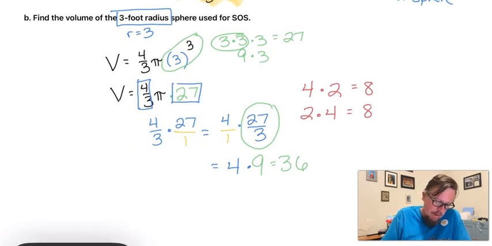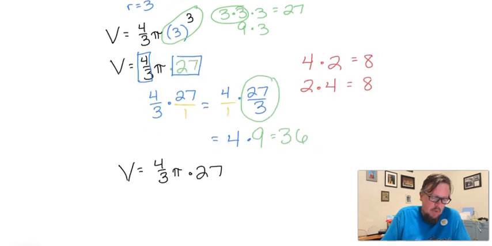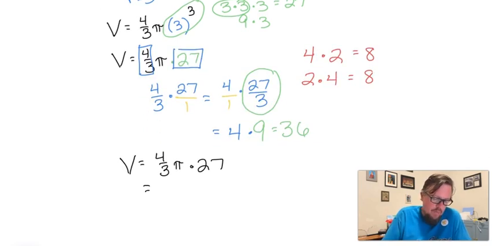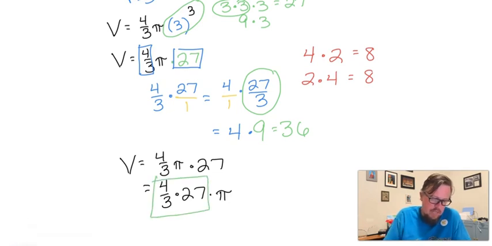Okay, so my volume problem was 4 thirds times pi times 27. We then did this in a different order. We did 4 thirds times 27 times pi. And when we did 4 thirds times 27 just now, we got for our answer 36.